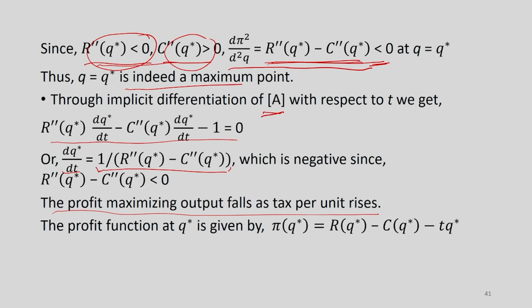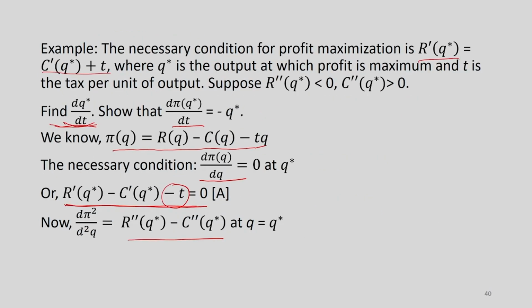Okay, now what we need to find or what we need to show now is this, right, which is d pi q star dt is equal to minus q star.